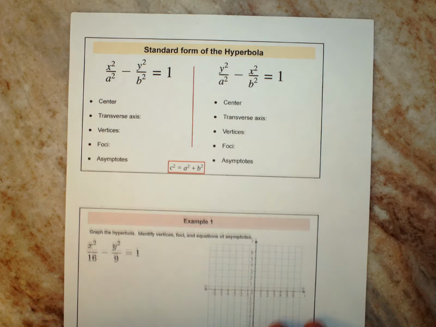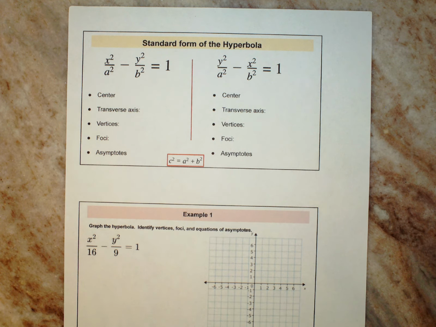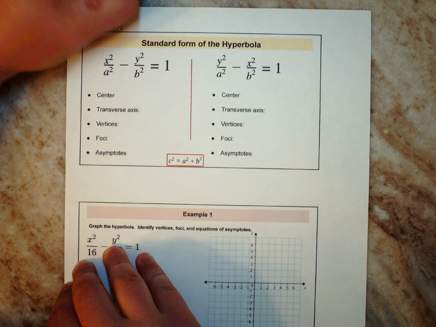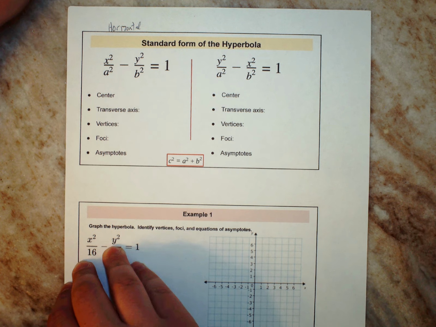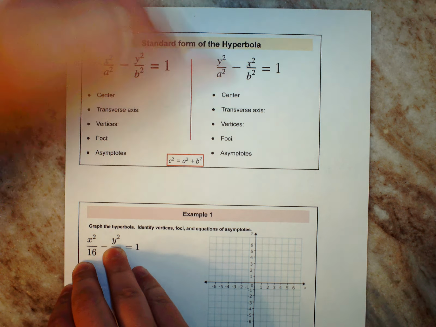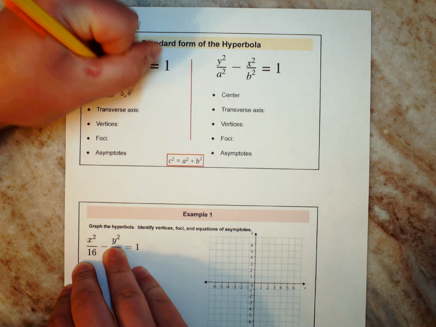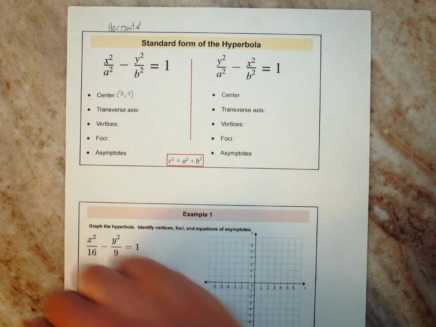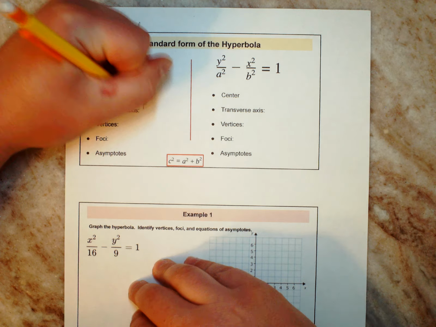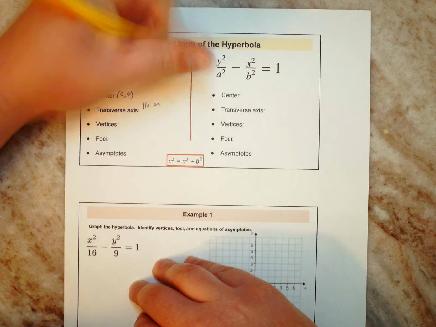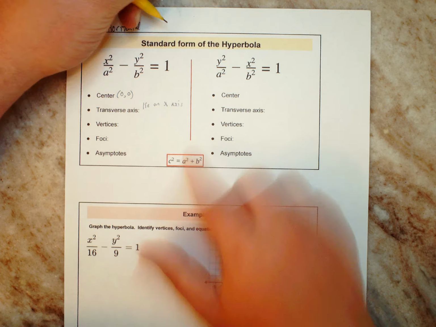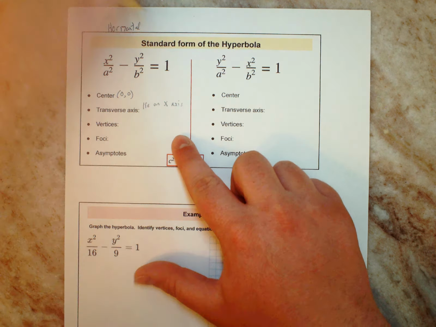Today, again, we're centered at 0, 0. So first thing we got here, again, this one is going to be our horizontal. First, we have our center, 0, 0. Our transverse axis is going to lie on the x-axis. It's horizontal.